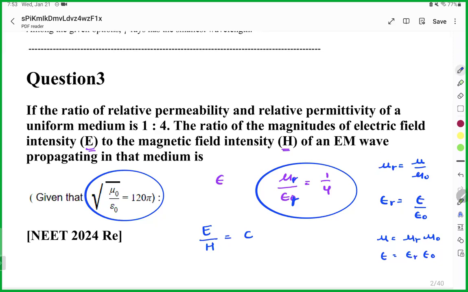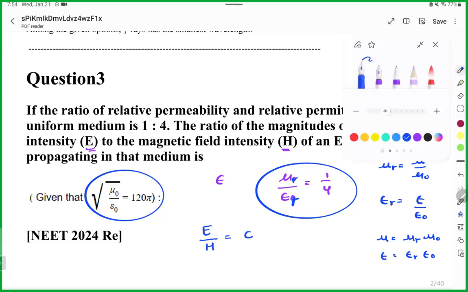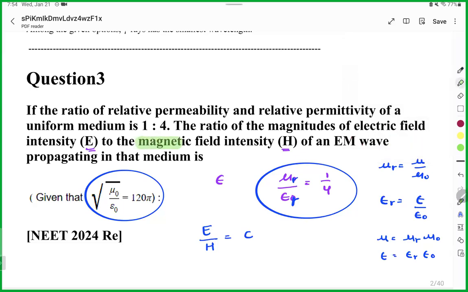Sarah, any doubt, any issue with this question? Then Sarah, tell me, it is given magnetic field intensity, not magnetic field.